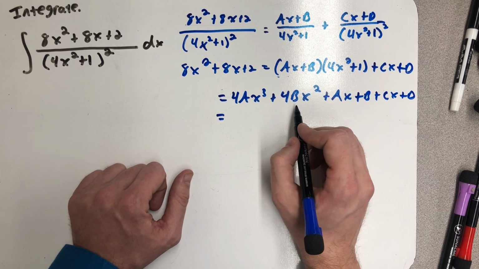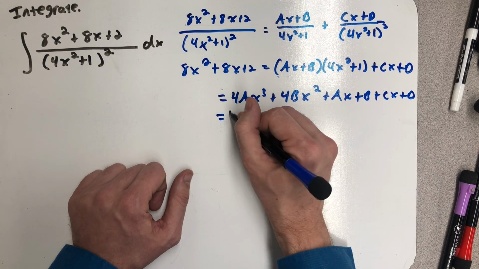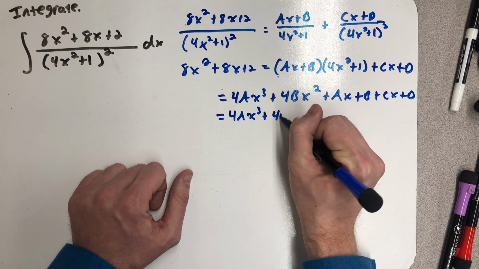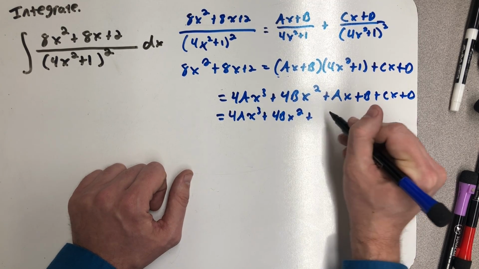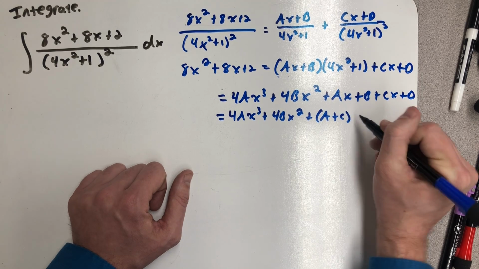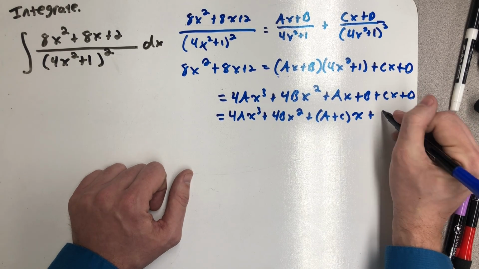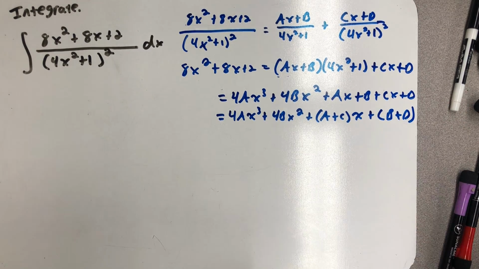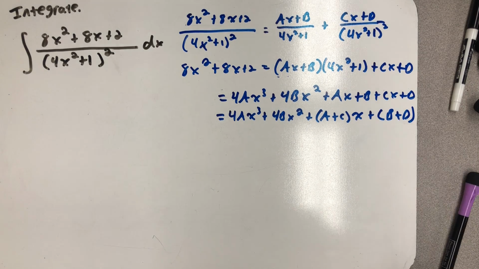That's the only term with a square in it, and I do end up with two things that have an x to the first. So we'll just rewrite this a little bit. And then b plus d is my constant term.